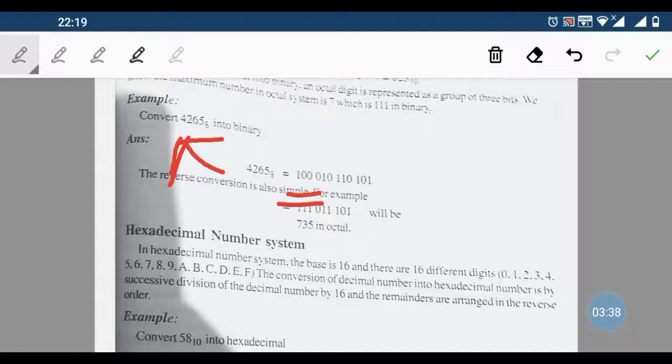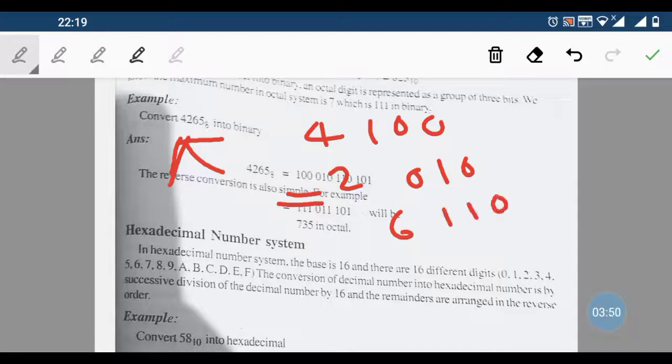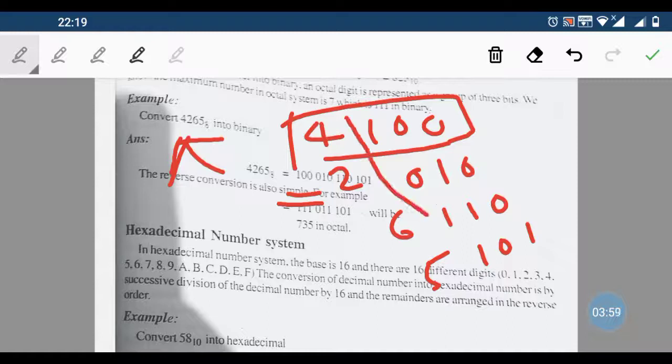Corresponding to 4 we have 100, to 2 we have 010, to 6 we have 110, and to 5 we have 101. So each digit in octal is represented in the corresponding 3-bit binary form. By using this method we can directly convert an octal number into its corresponding binary.